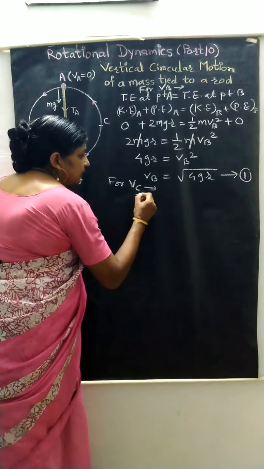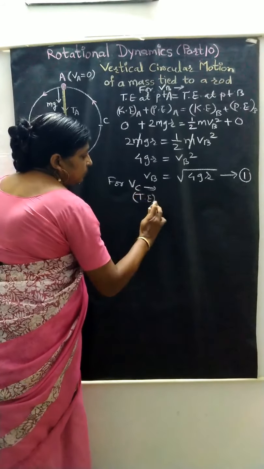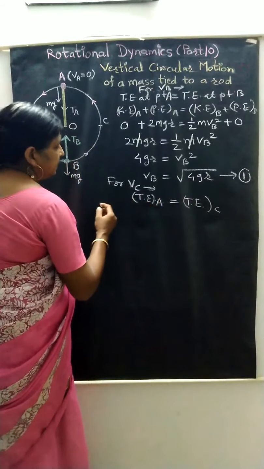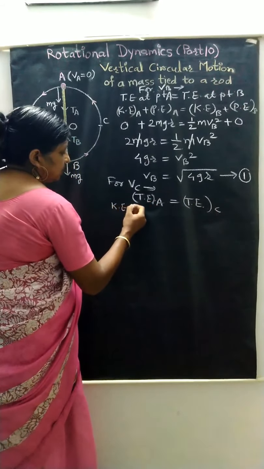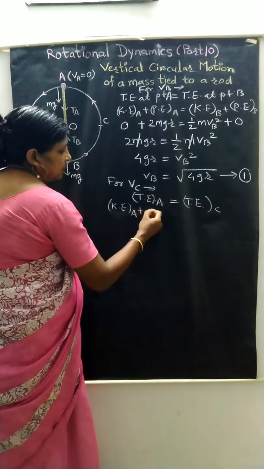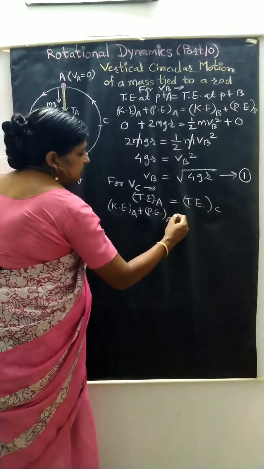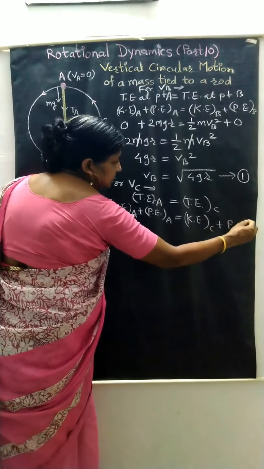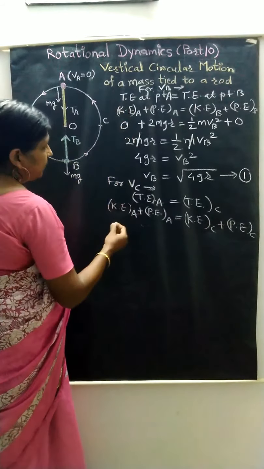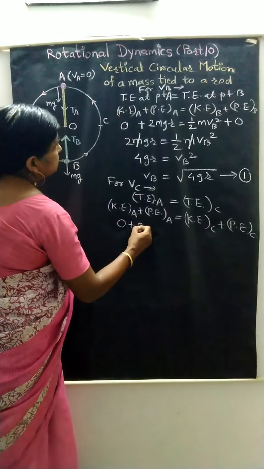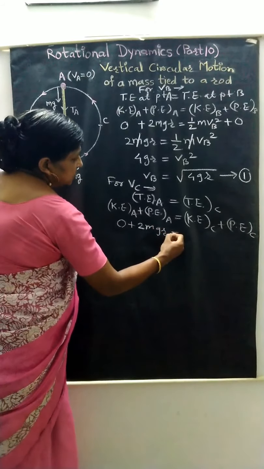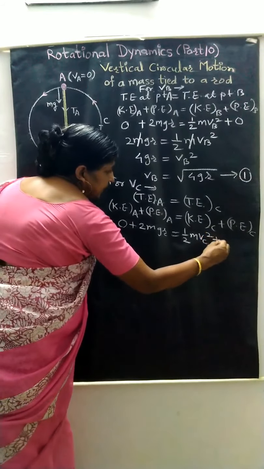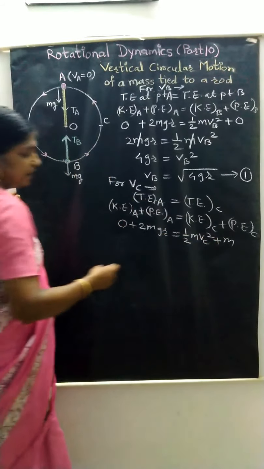So we get total energy at point A is equal to total energy at point C. So it is again kinetic energy at point A plus potential energy at point A is equal to kinetic energy at point C plus potential energy at point C. Now kinetic energy at point A is 0, potential energy is 2mgr, kinetic energy at point C is half m Vc square plus potential energy at point C with respect to point B, which is mgr.